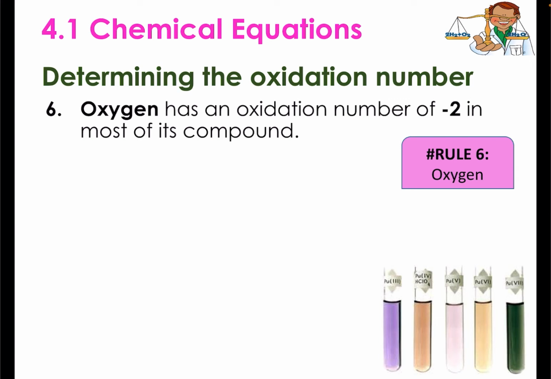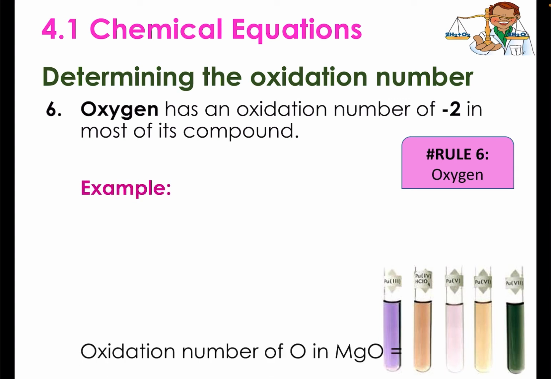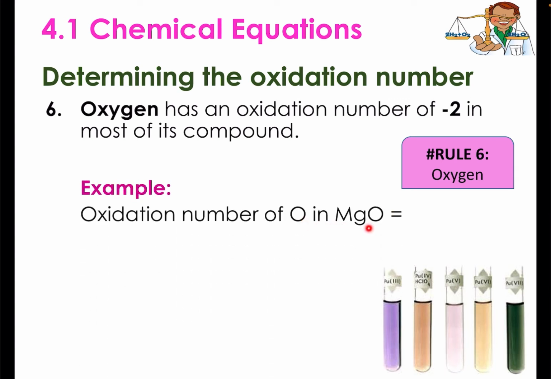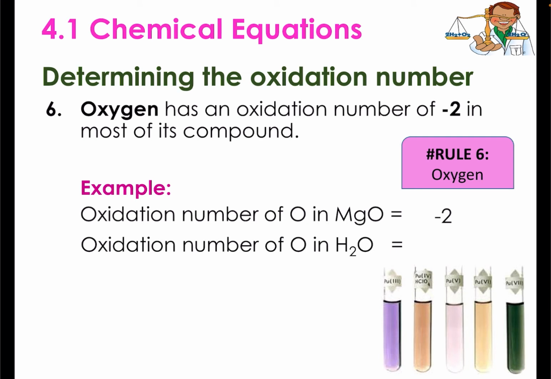Itu sahaja. So, I got few example. Oxygen in MgO. So, the value will be -2. Same case as I got oxygen in water. The value for the oxidation number is also -2.